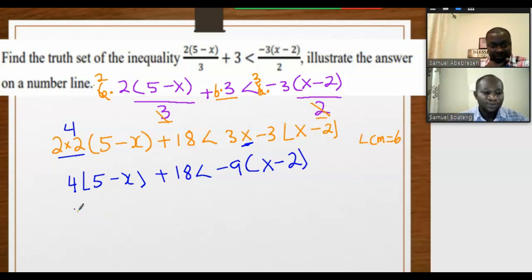So let's get rid of the bracket. 4 times 5 will give you 20.